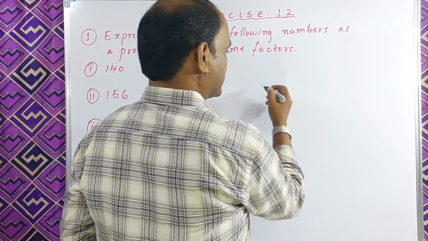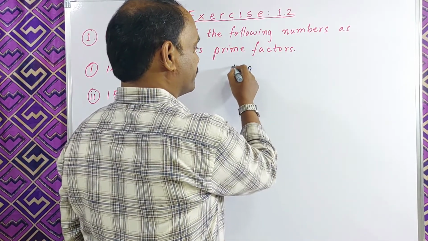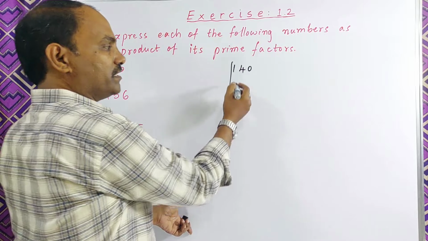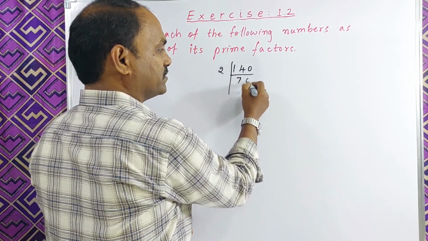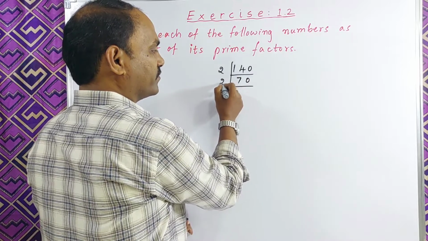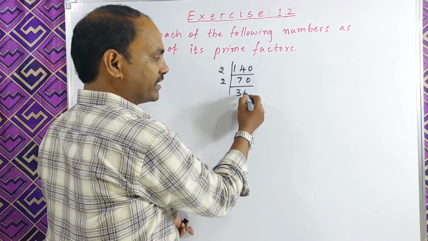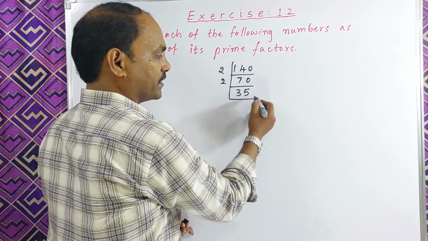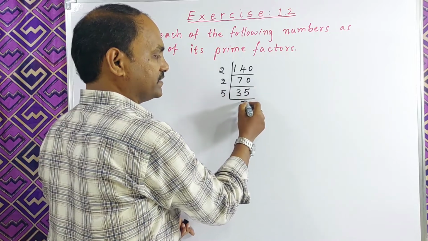So 140 first. 140, it is an even number, so divide with 2. 2 sevens are 14, 0. Again an even number, divide with 2. 2 threes are 6, 1 is there, 2 fives are 10. Next 35, it is divisible with 5. 5 sevens.